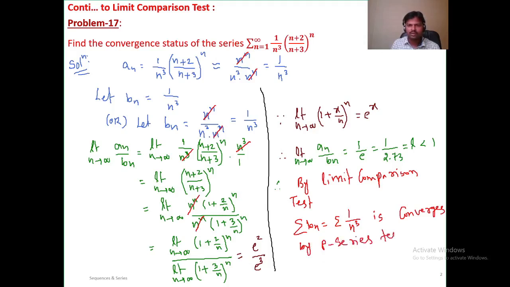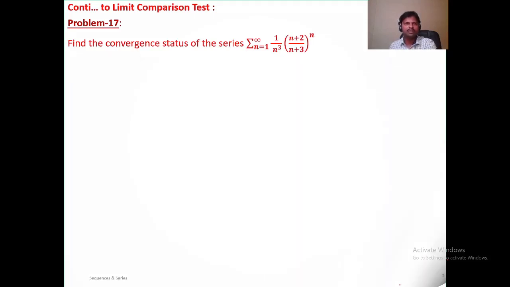So therefore finally, series 1 upon n cube, n plus 2 upon n plus 3 whole to the power of n converges. Okay, so this is the final conclusion by using limit comparison test.